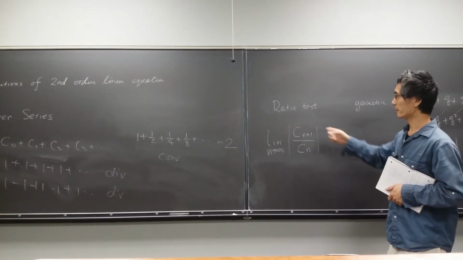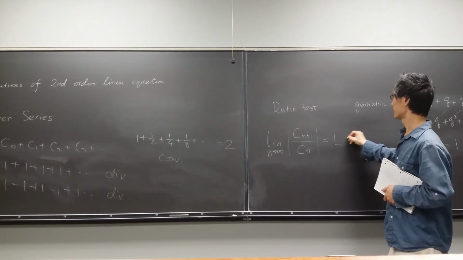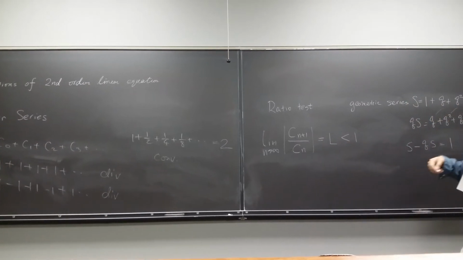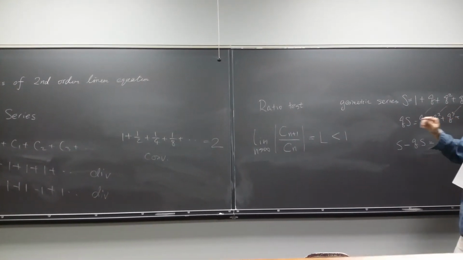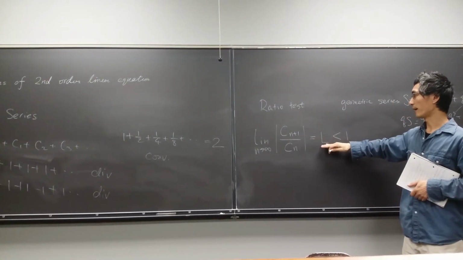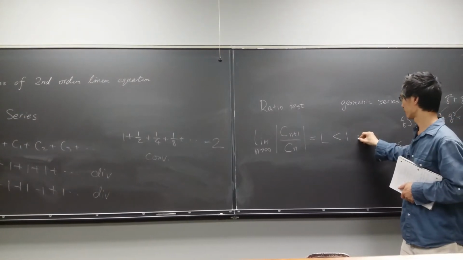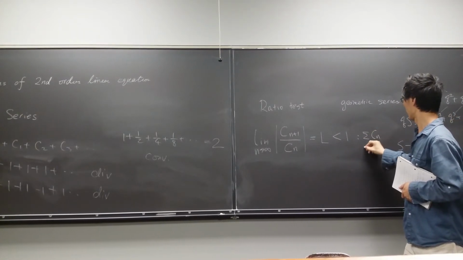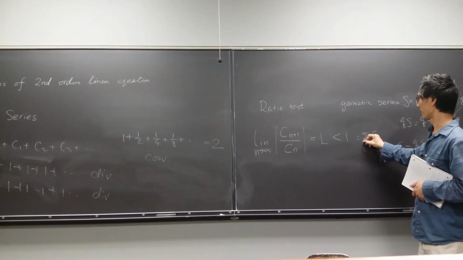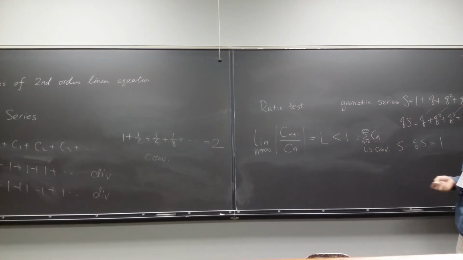But if we say the ratio for large n is a limit that is less than 1, then we can say this limit just acts like this q, because for large n it's decreasing by this almost constant ratio, so we can say it's convergent. So we say this series, written in the summation form, is convergent.